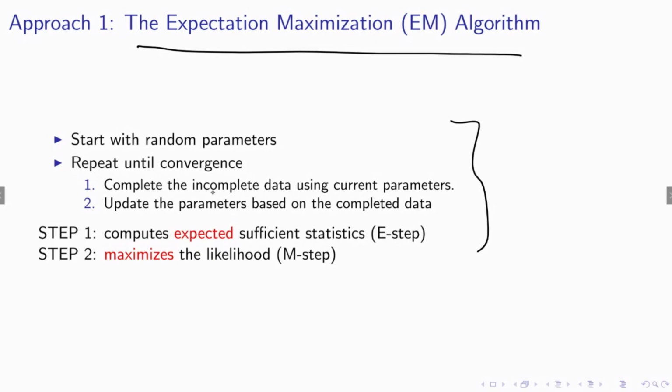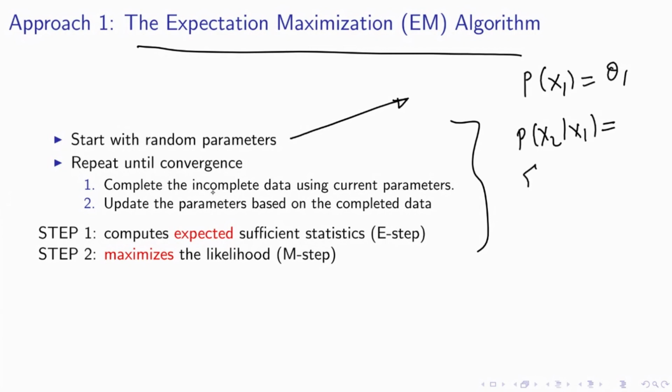So what we do is we start with a random setting of parameters. What I mean by that is, let's say you have parameters such as p of x1 equals theta 1, and p of x2 given x1 is theta of 2 given 0 and theta of 2 given 1. Then you initialize all of these parameters randomly.